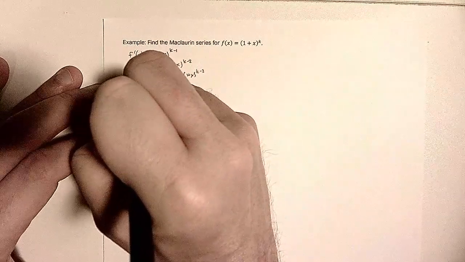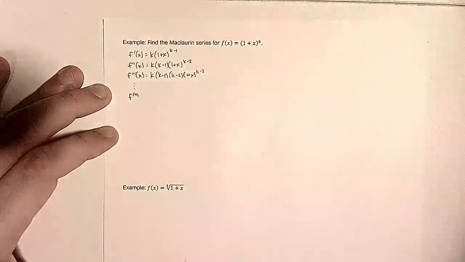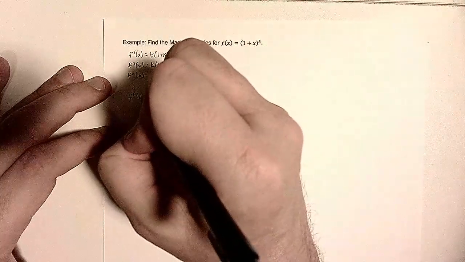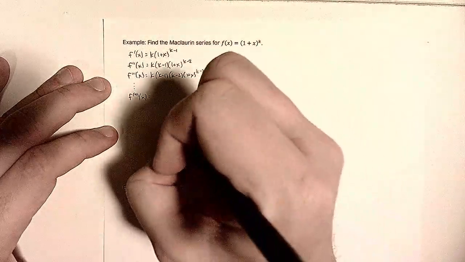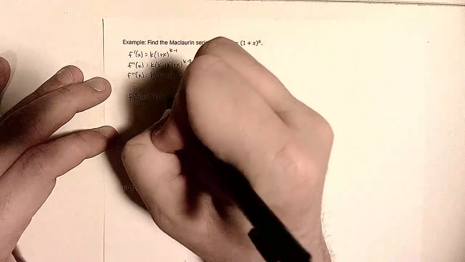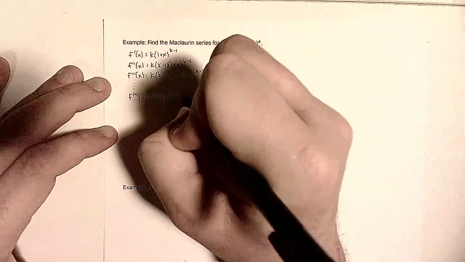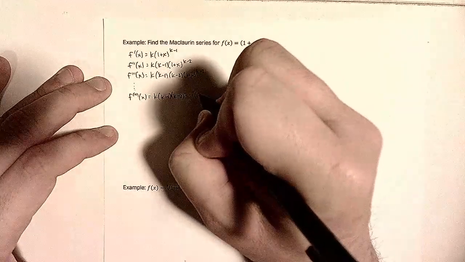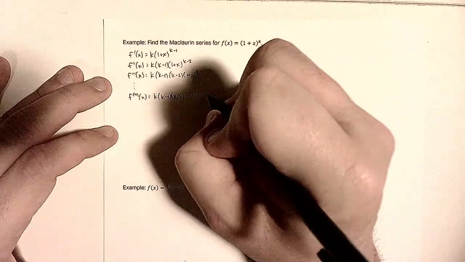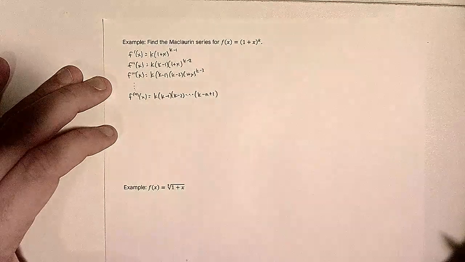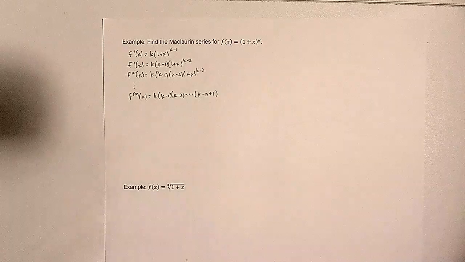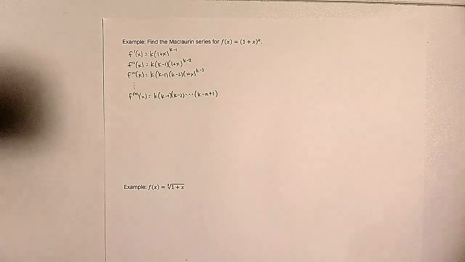And if I keep doing this until I decide to stop, then it's going to give me k times k minus 1, k minus 2, a continued multiplication here until I get to k minus n plus 1. This is the number of terms I want to put in my Taylor series approximation.